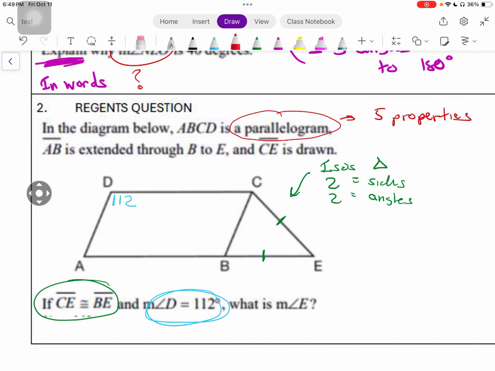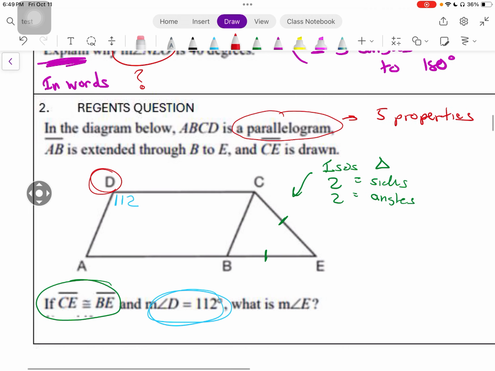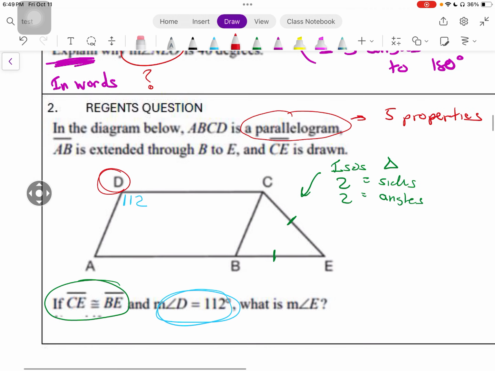Well, from the parallelogram, if angle D is 112, angle B has to be 112. So that's something that we know. That's got to be 112. Opposite angles are congruent. Next, 112 in this makes up 180.